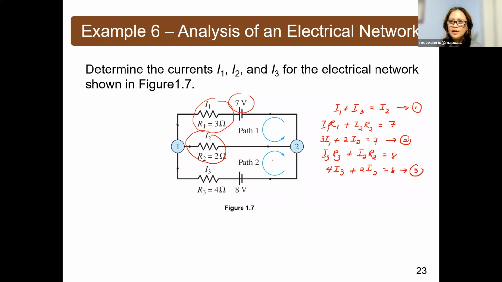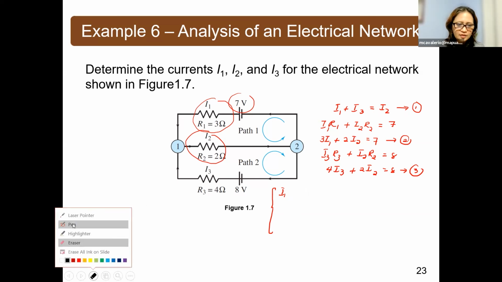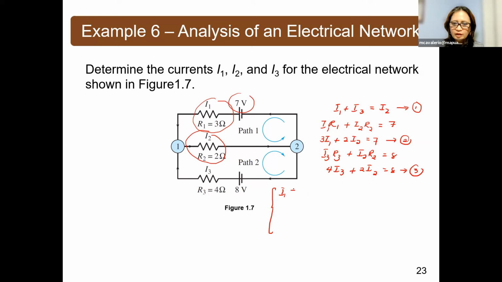So we're ready to set up the system of linear equations. Let us summarize that one. The system of equations will be I1 plus I3 equivalent to I2, or let's say equivalent to 0. Since we have 3 unknowns, I1, I2, and I3, we can express equation 1 as I1 plus I2 plus I3 equivalent to 0.